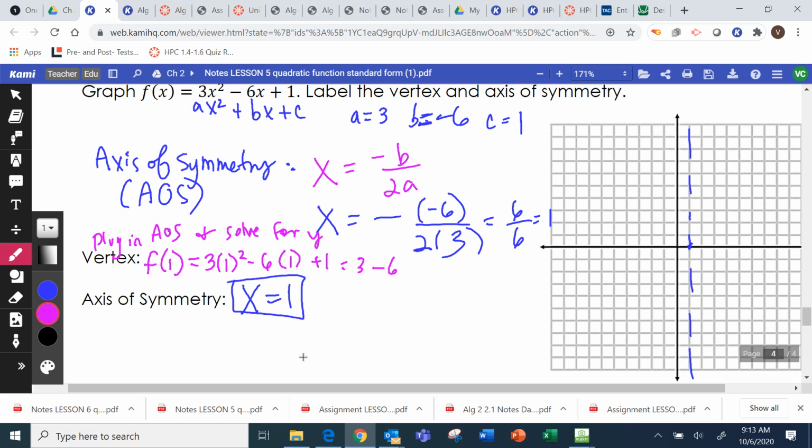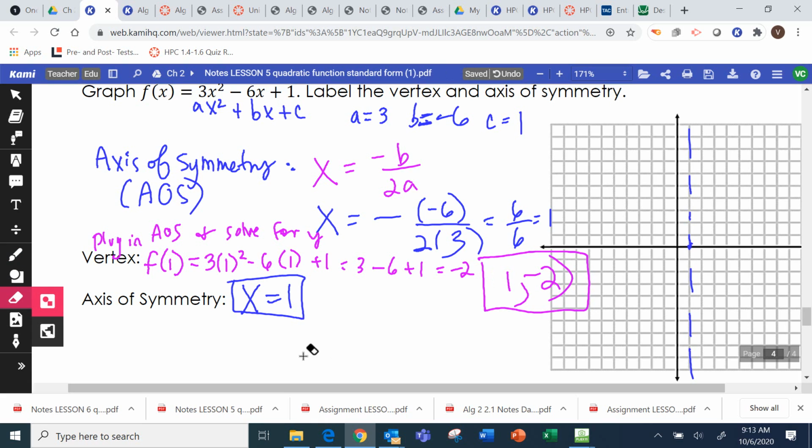So 3 minus 6 plus 1. Negative 2. So my vertex is the x from the AOS and negative 2 that I got from plugging in the AOS into the equation. That's my vertex. 1, negative 2.